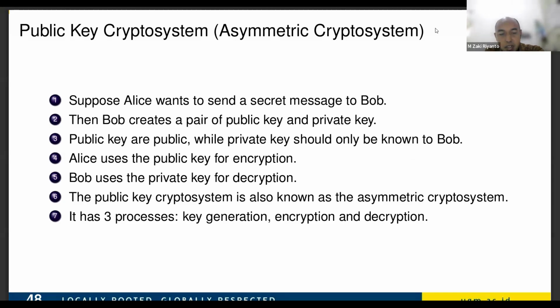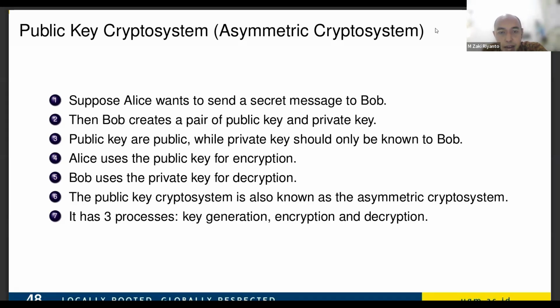So Bob creates a pair of public key and private key. The public key is public, and the private key should only be known by Bob. So if Alice wants to encrypt the plain text, then Alice uses the public key from Bob, and Bob uses the private key for decryption.